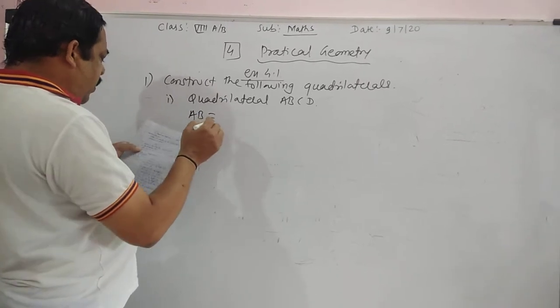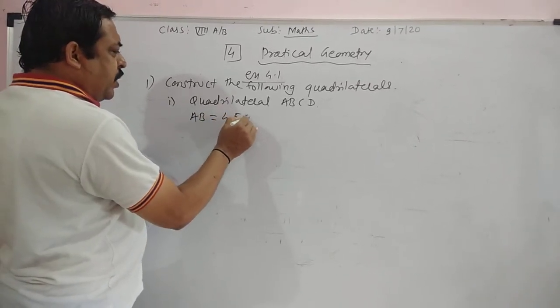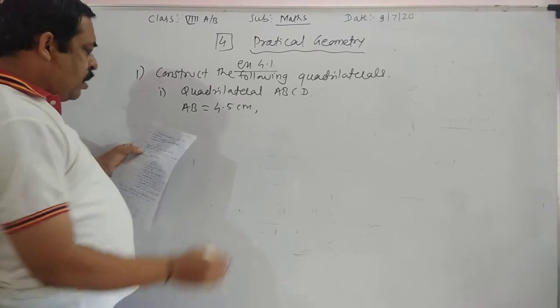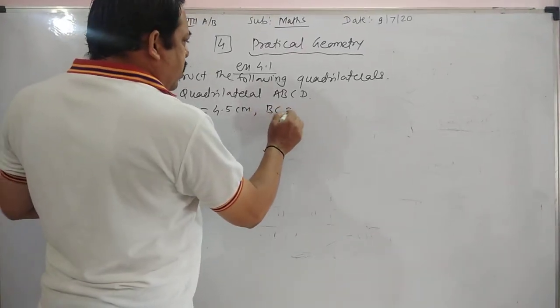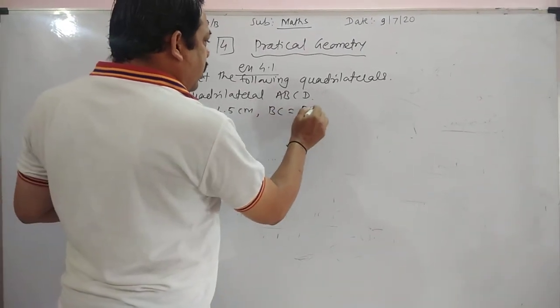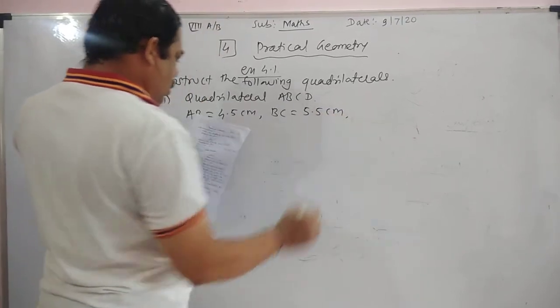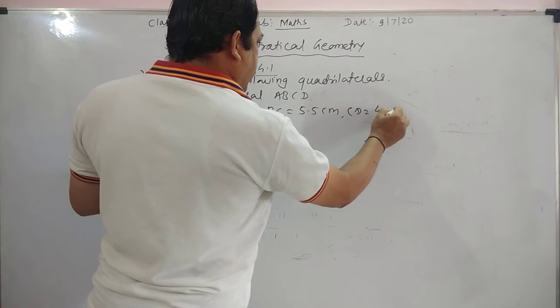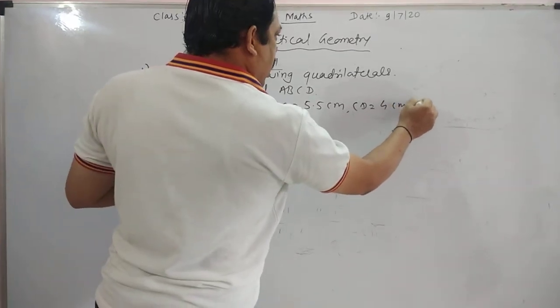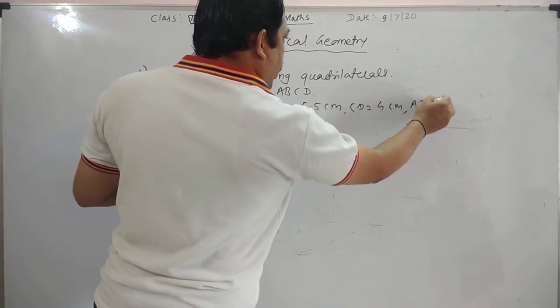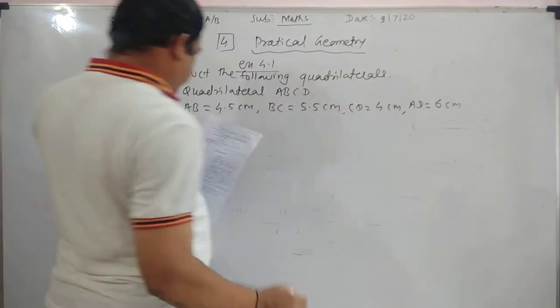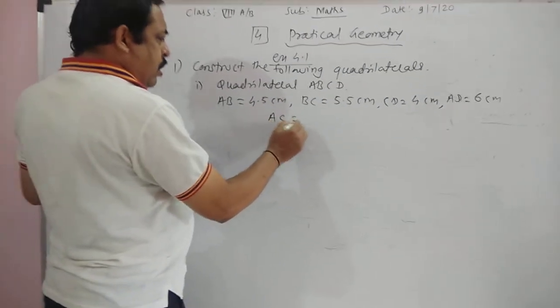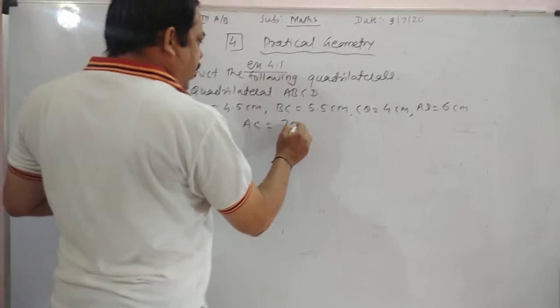Components are given. AB is equal to 4.5 centimeter, BC equal to 5.5 centimeter, CD equal to 4 centimeter, AD is equal to 6 centimeter, and AC is equal to 7 centimeter.